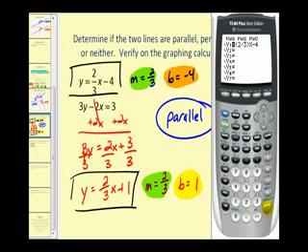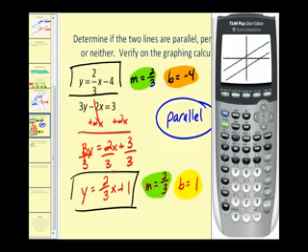That's our first line. Enter. And then for our second line, we'll do the same thing in parentheses 2/3 x plus 1. Now to make sure we all have the standard window, let's press zoom 6. There's the first line, there's the second line, and we can see very clearly these two lines are parallel.